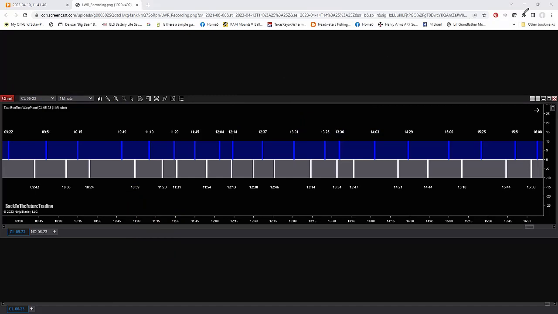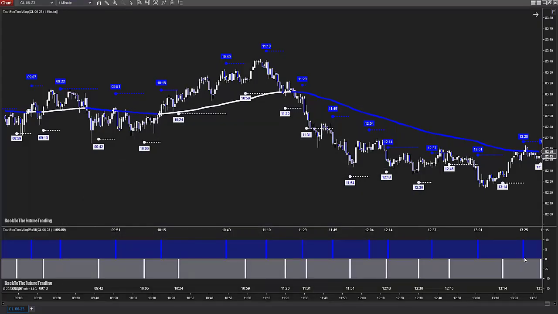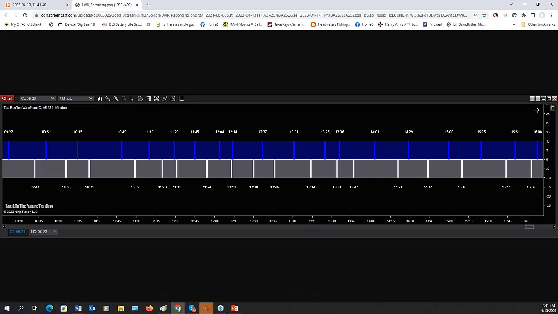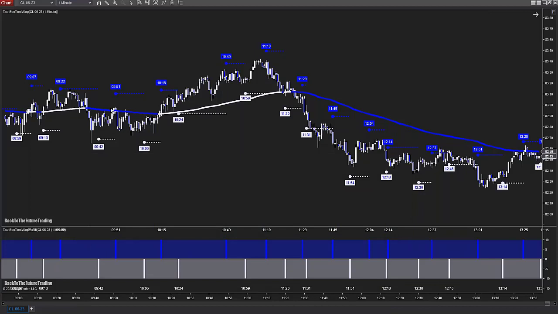So we're going to take these times now and we're going to overlay them on top of today's price action. And if you're nervous about whether or not I changed any of the times, 9:42, 9:51, 10:06, 9:42, 9:51, 10:06.